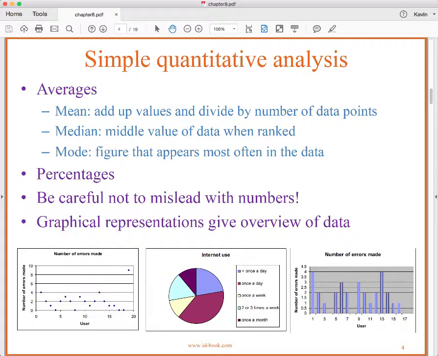But let's say that 400 out of 500 preferred product A over product B. Well, then making some kind of claim like 80% of the people we surveyed preferred product A over product B might be less misleading.